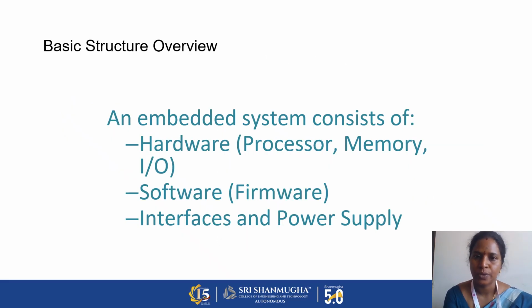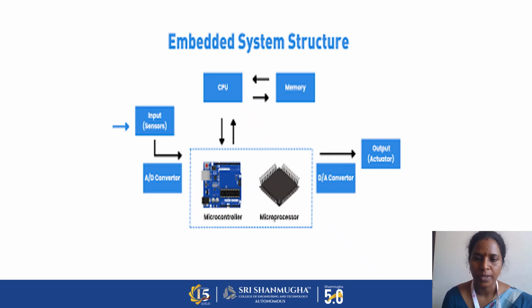For the basic structure overview, in our basic embedded structure video, I have explained the entire structure of the embedded system, and here I just mention the components and the system. First of all, the hardware is the processor. It includes the processor, memory and IO devices, and the software, some interfaces and power supply are needed for the entire structure of the embedded system.